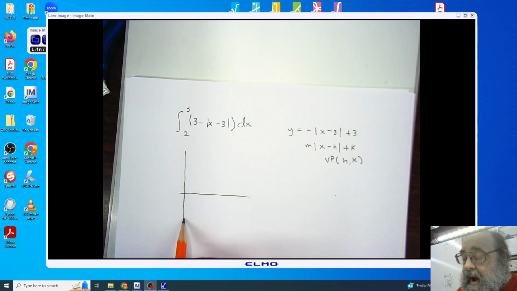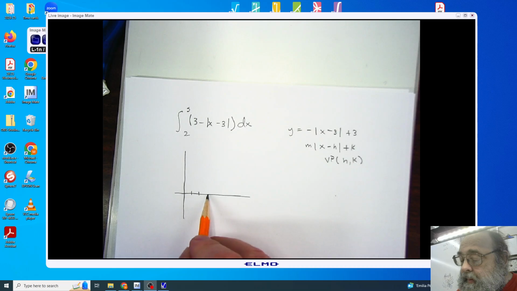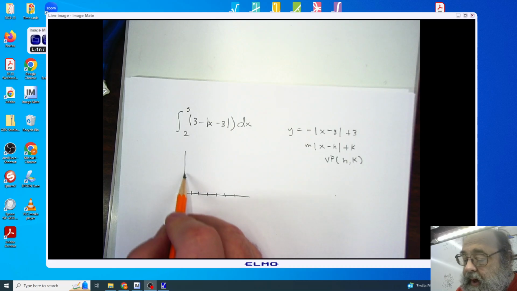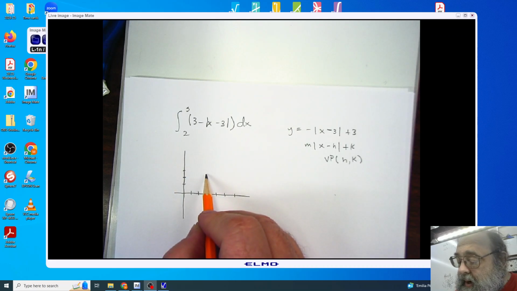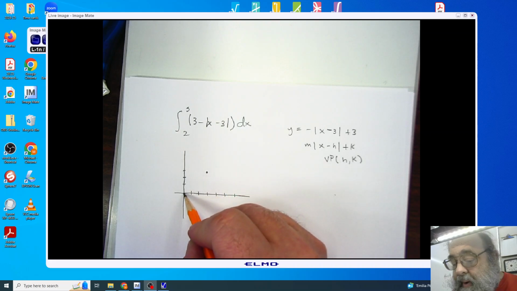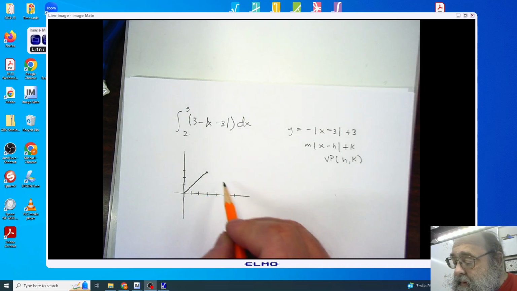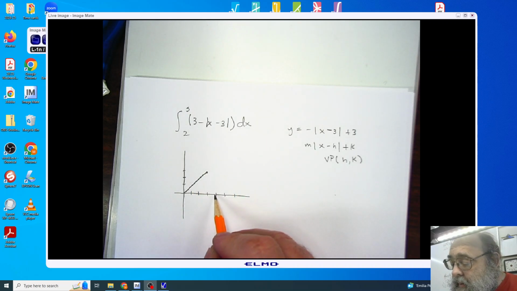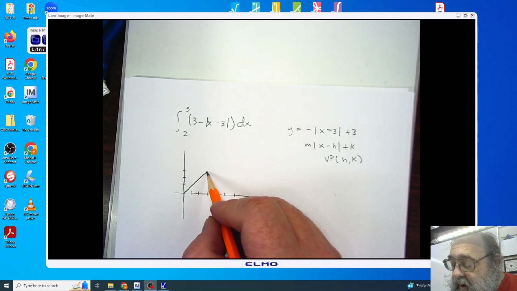So if you're using the graphing model, I'm just going to go ahead and locate 3, 3. And my slope is a positive 1 on the left, and a negative 1 on the right.